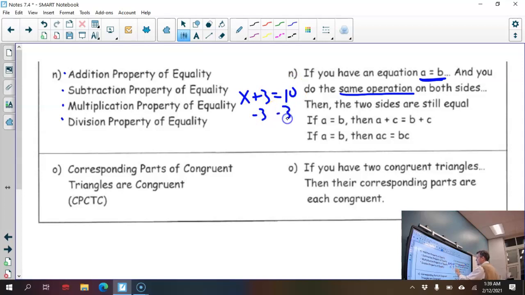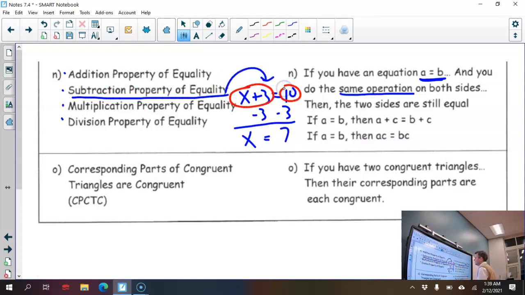I would subtract 3 from both of those and get x equals 7. I have just used the subtraction property of equality. All right? I took two amounts that were equal and I subtracted the same amount from both of them. And it's still equal. The two amounts are still equal. That is the subtraction property of equality.